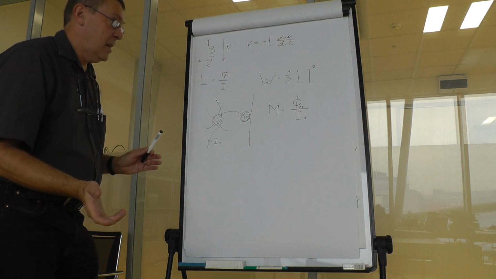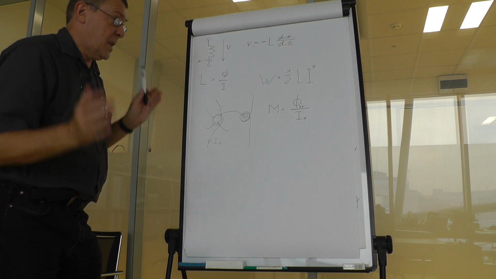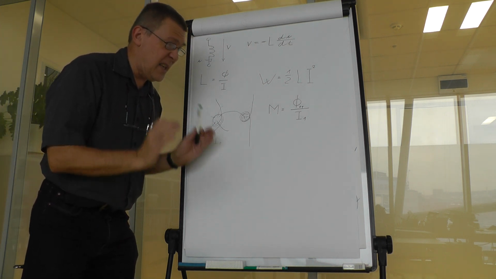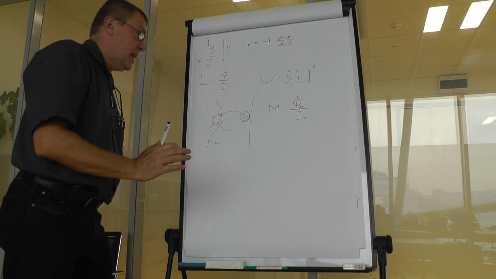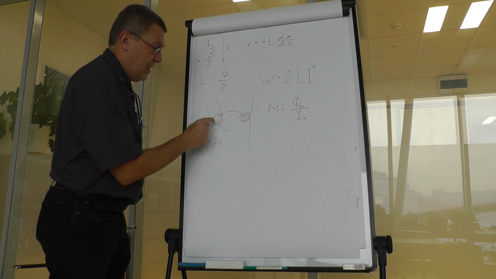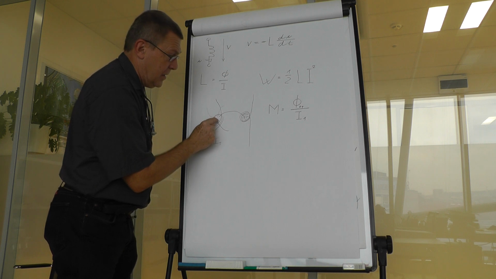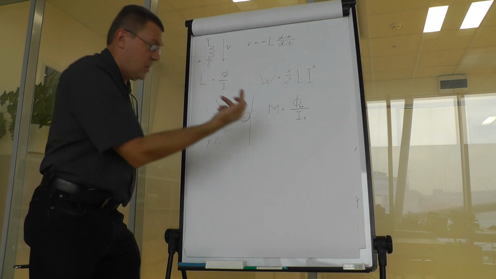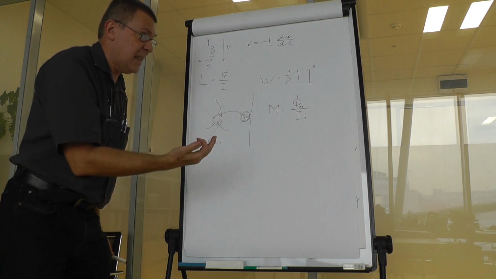And for the sake of simplicity, we still use linear homogeneous isotropic media so that the mutual inductance from this conductor to this conductor and the other from this conductor to this conductor must be identical.